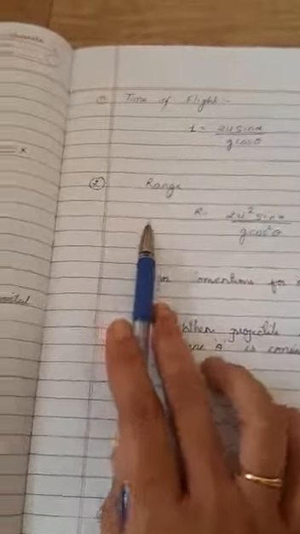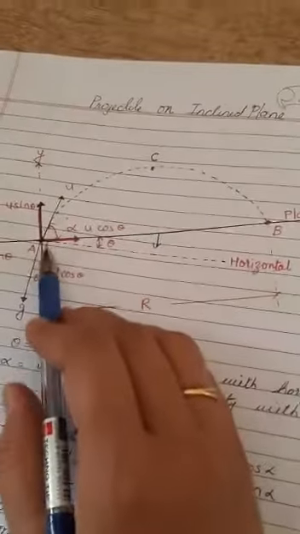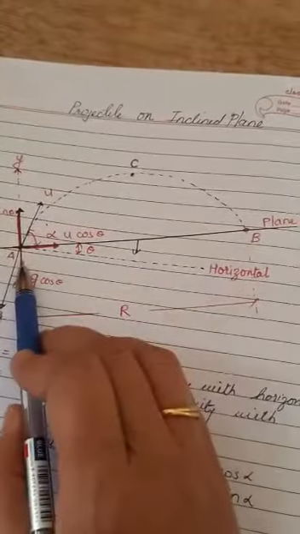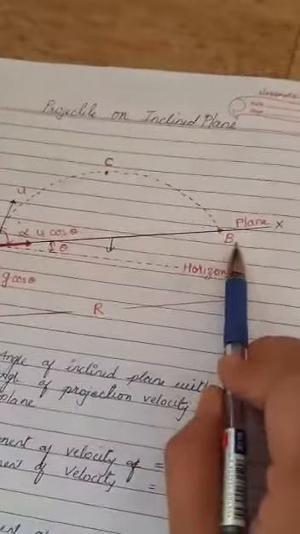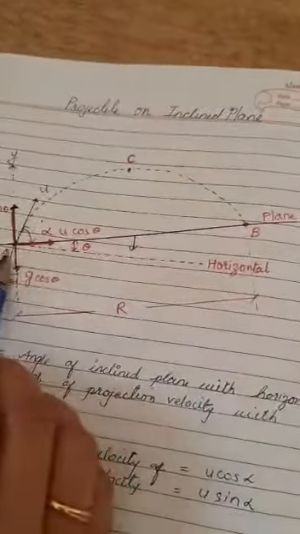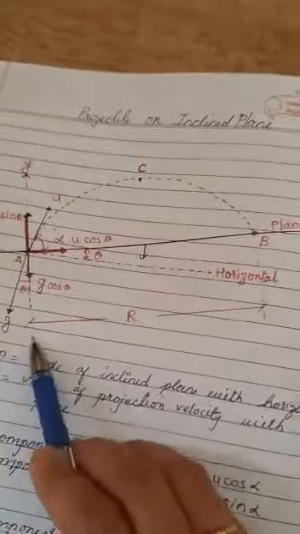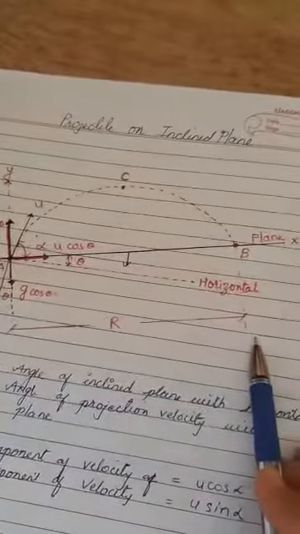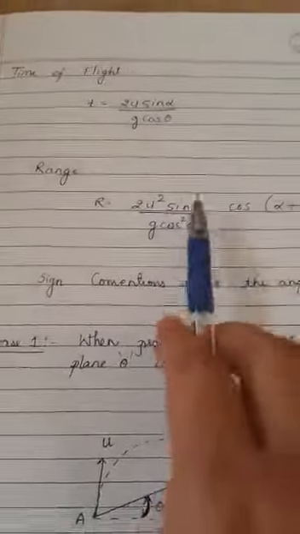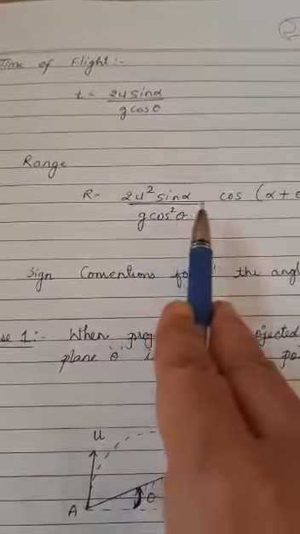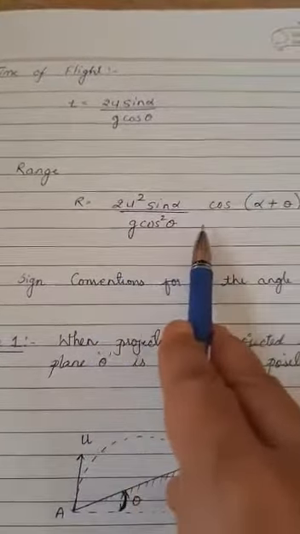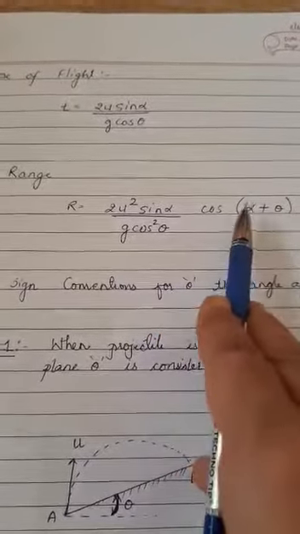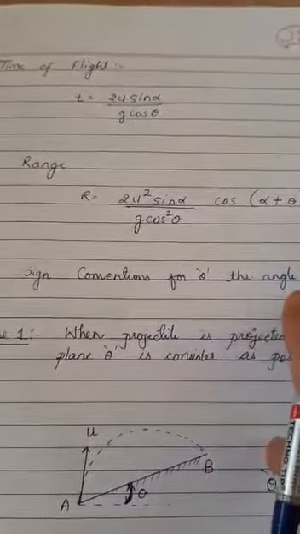Next, here now in inclined plane, this is your range. This is your range, the distance between the point of projection and the point of landing. So this is your range, distance between point A and point B. To calculate range for inclined plane, the formula is 2u square sine alpha by g cos square theta, cos in bracket alpha plus theta.